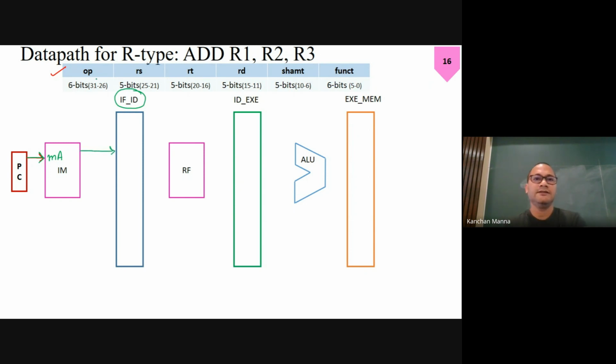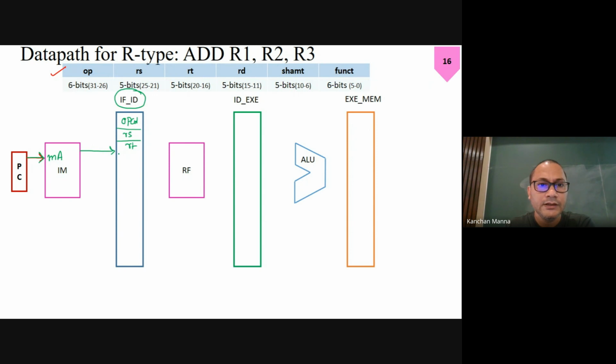The instruction has this many parts, so we want to store them here. Opcode and your RS field. What is the size of the RS field? 5-bit, right?